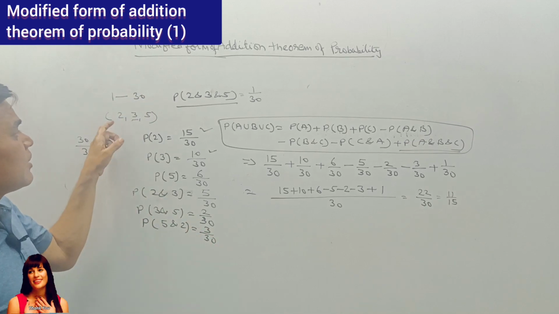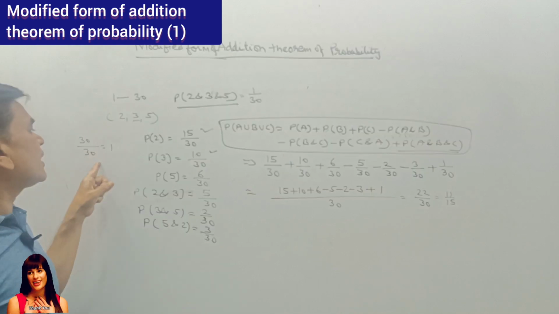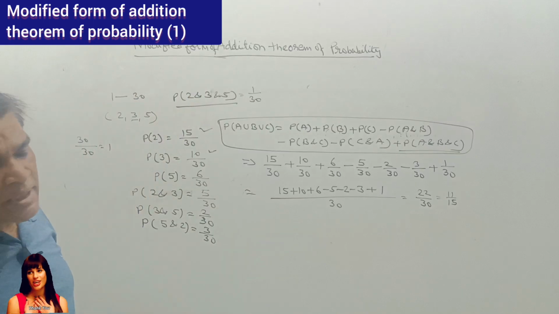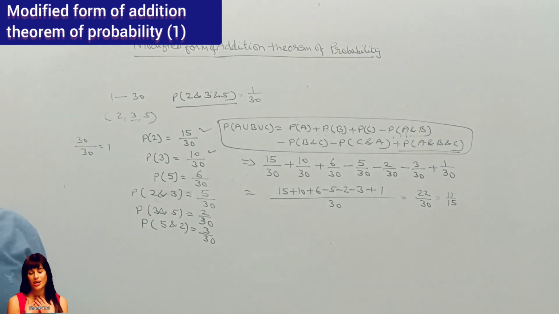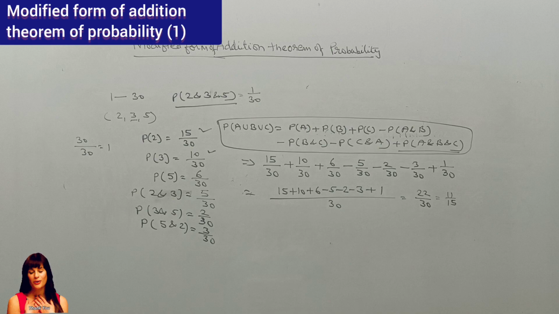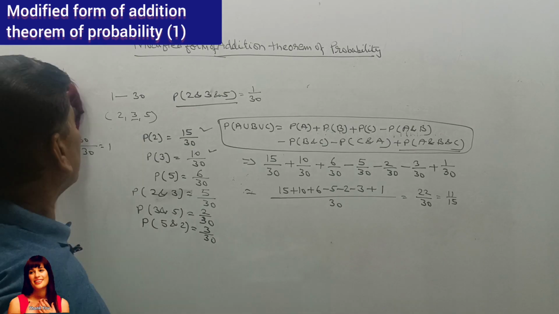And all multiplied is 30, so 30 divided by 30 is 1. In this form you can calculate; that is called the addition form of the multiplication theorem.